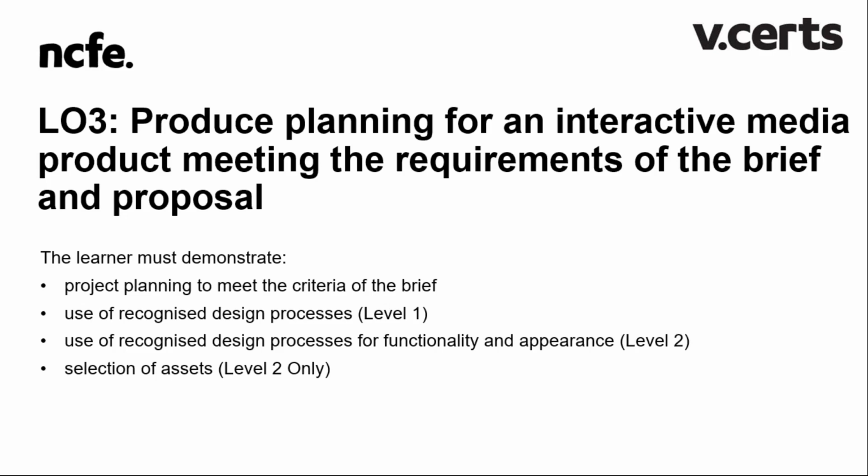But it's important to note here that the level 2 design processes must also focus on the functionality and appearance of the product. So we would expect to see some sort of planning regarding the functionality, the aesthetics of how something's going to look, as well as how that's going to function. They might have a navigation chart there for level 2. That would be required to be able to assess how these plans have actually catered for the functionality.